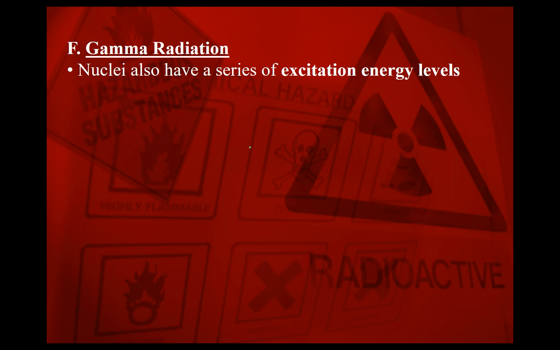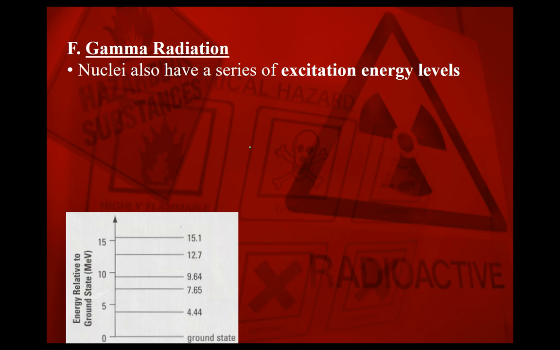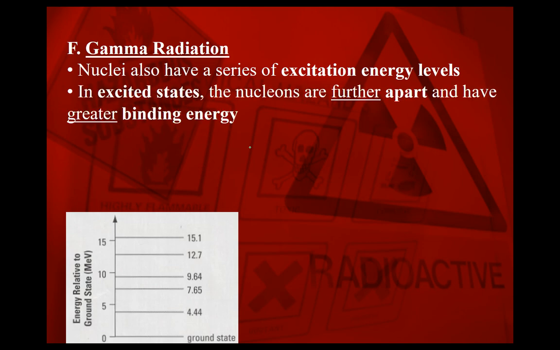We talked in great detail in the last unit about how electrons have different excitation states, or stationary states. It turns out that nuclei also have a series of excitation states. I'm not going to worry so much about that diagram.